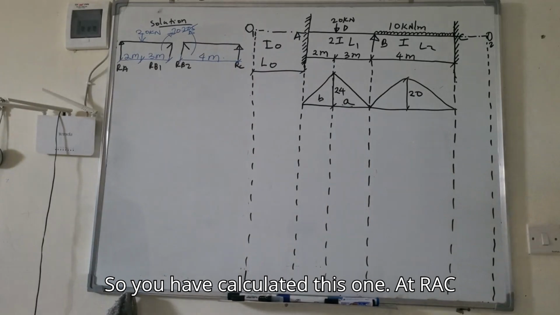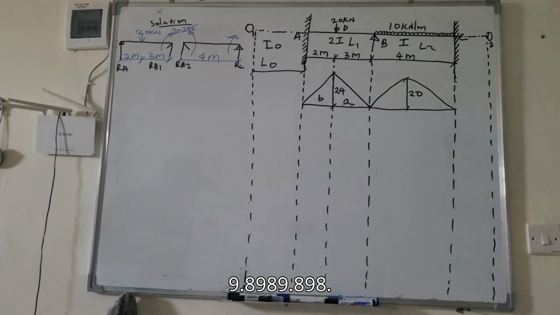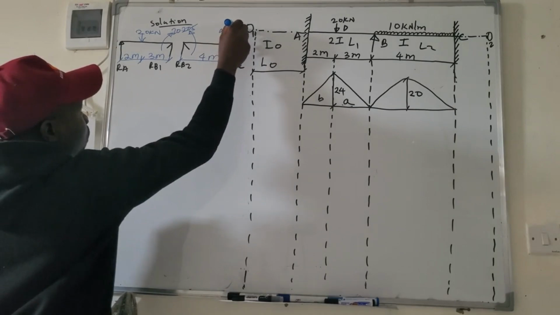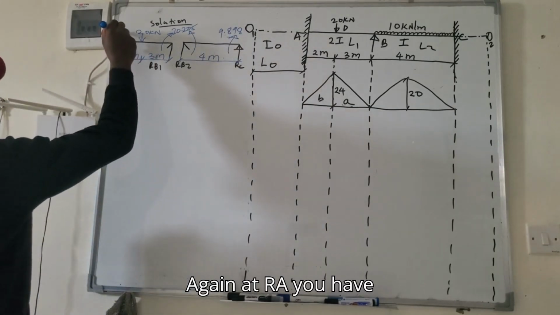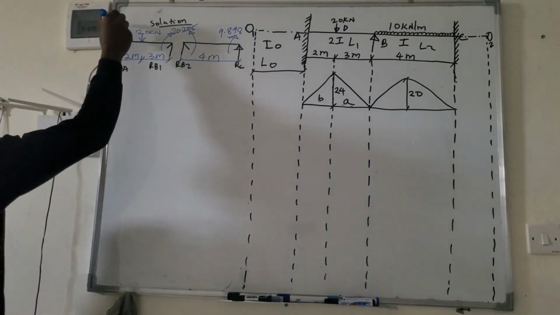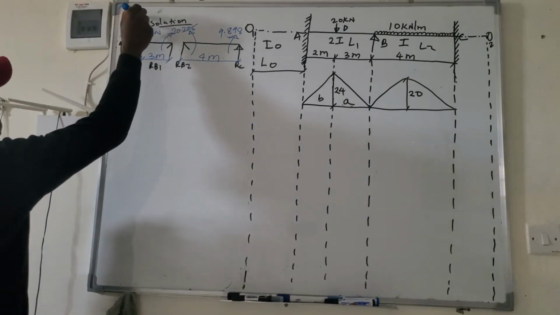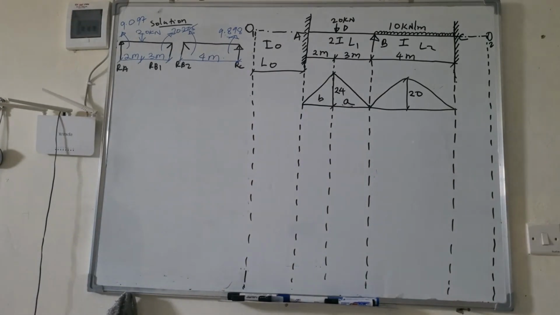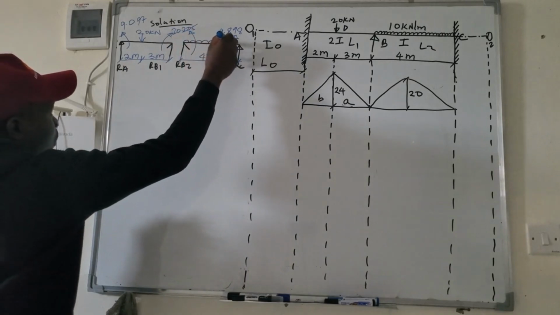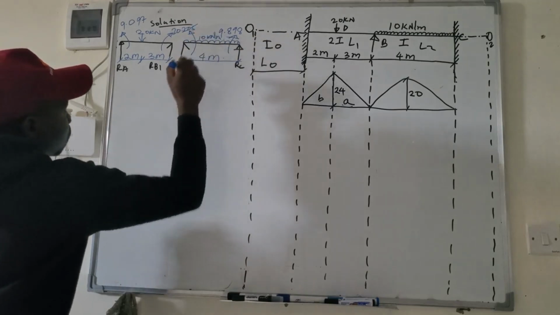So you have calculated this one. At RC, we also have a moment 9.898. Again, at RA, we have a moment that is 9.097, like that. And then we also have a UDL here of 10 kilonewton per meter.